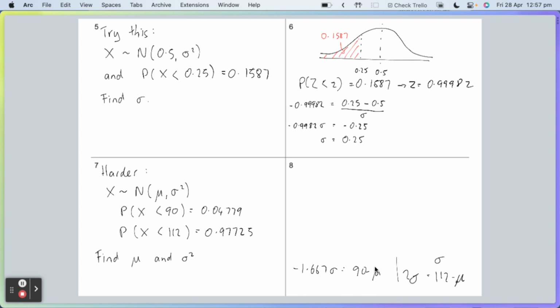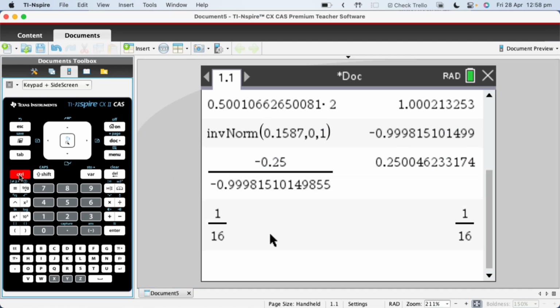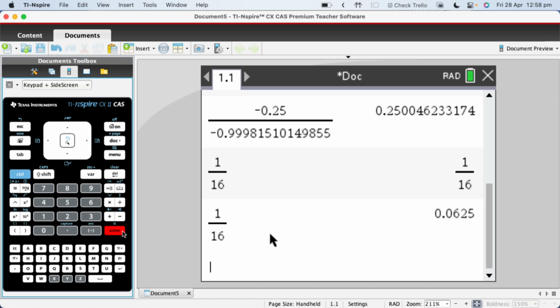So that is sigma. If I was asked for the standard deviation, that's the answer. If instead of saying find sigma, it said find the variance, then my last line would be, therefore, sigma squared is equal to 0.25 squared, which is 1/16th, which is 0.0625, which is the variance.